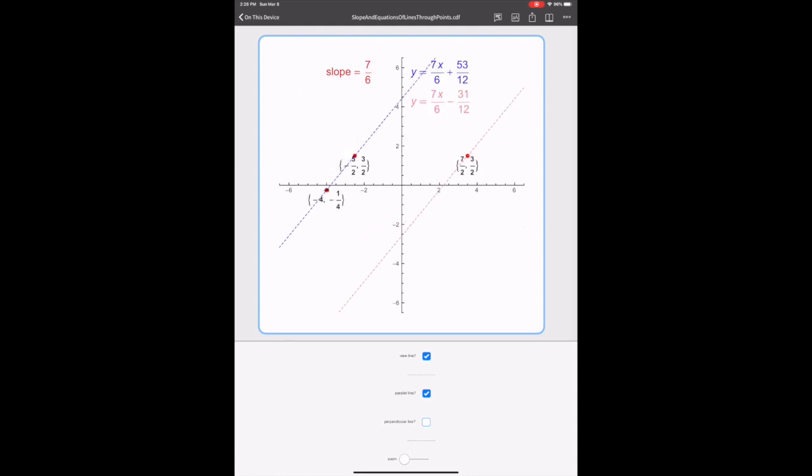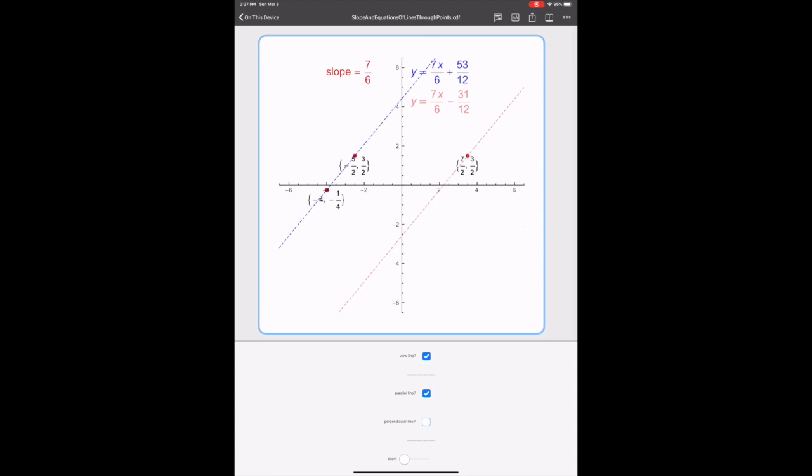Here y equals 7x over 6 plus 53/12. The slope is 7/6, and the orange line, y equals 7x over 6 minus 31/12, so their slope is 7/6 for both of these equations. So if they're going to be parallel, they have to have exactly the same slope, exactly the same steepness, so that they would never intersect. We're going to use that piece when we're writing equations of parallel lines.